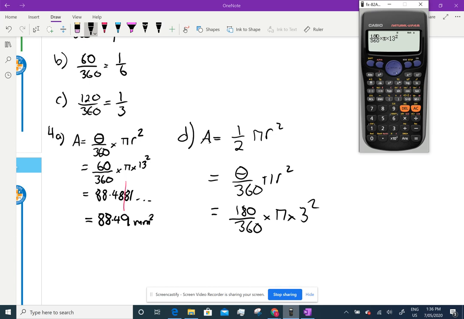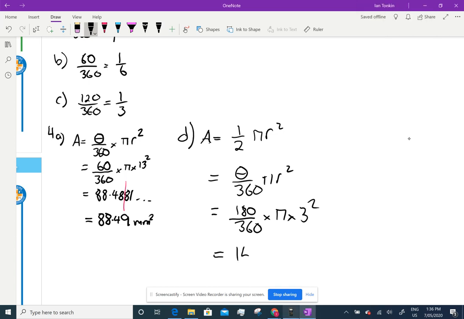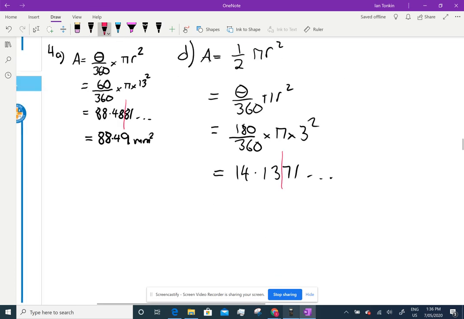So I'm just going to use my back button here, and type in 180 over 360 times pi times 3 squared. 14.1371 dot dot dot. 2 decimal places will give me 14 point, what's the number behind the red line? 5 or more, yes, round up.